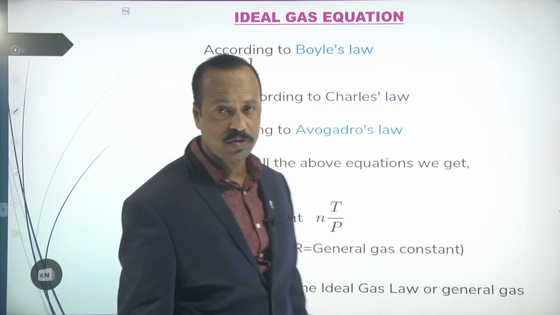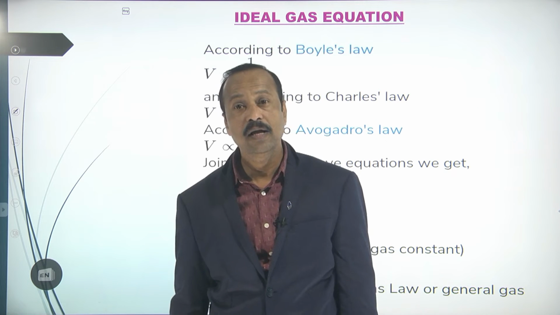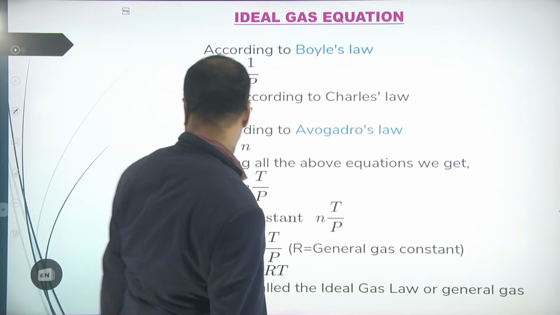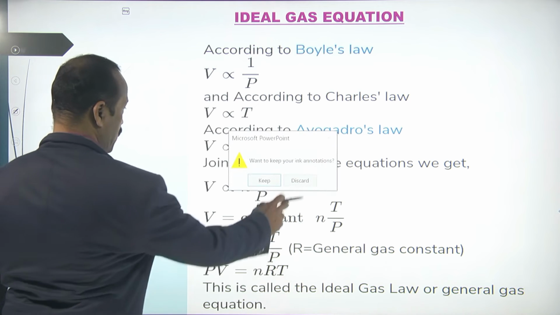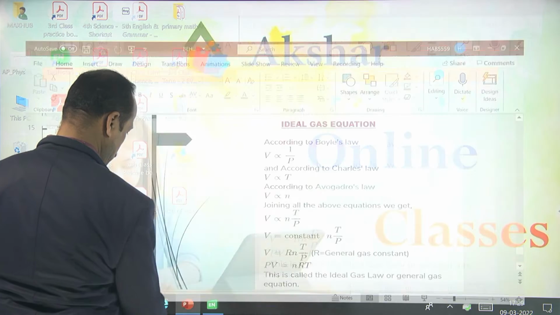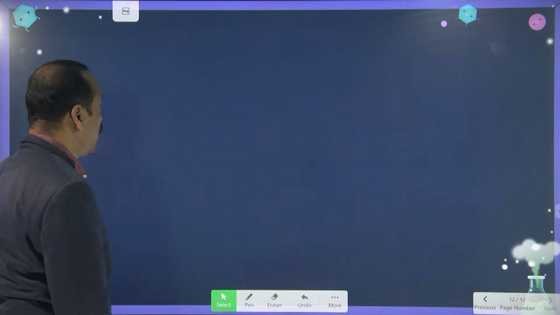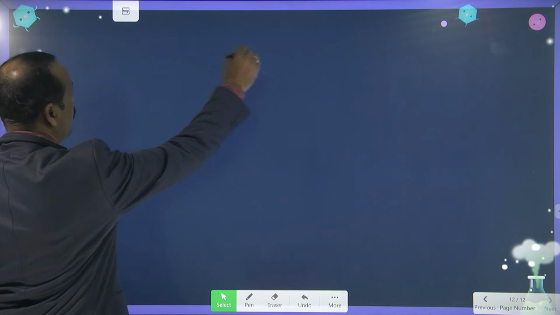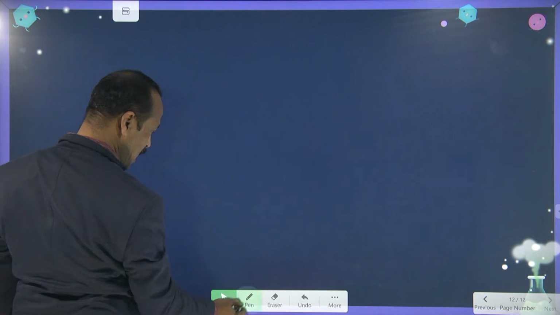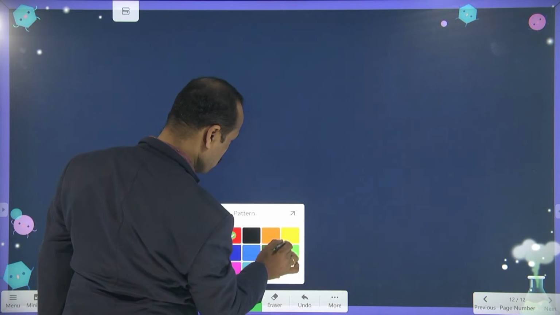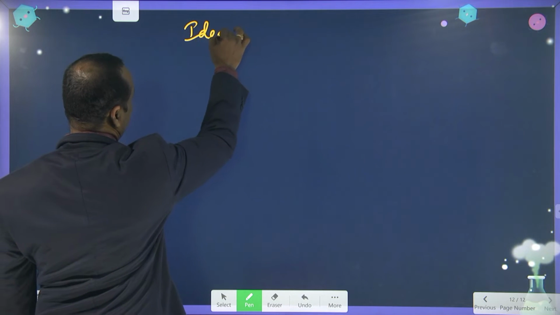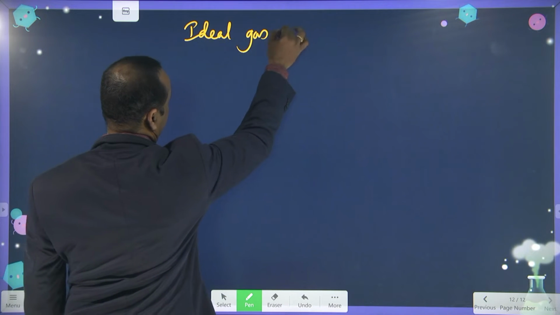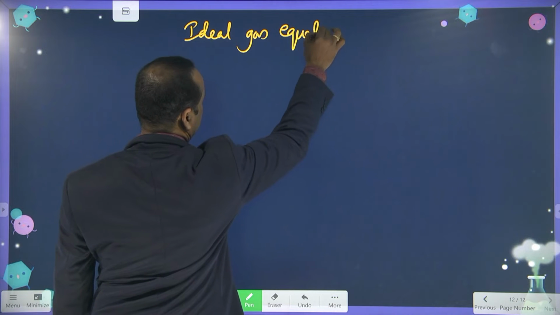Which equation we are going to derive? Ideal gas equation. So how can we derive the ideal gas equation? Ideal gas equation can be derived from the three laws.